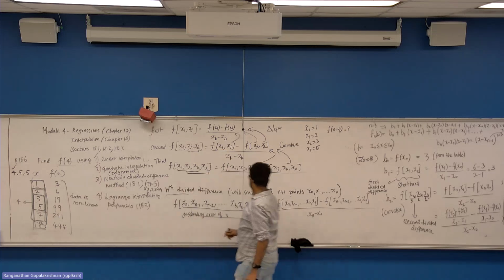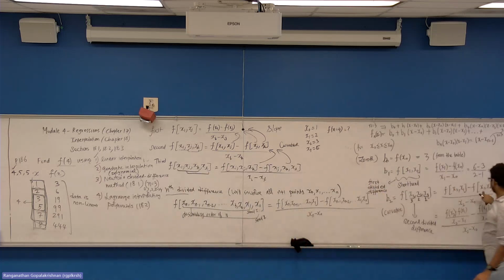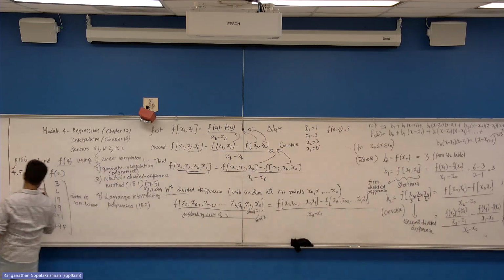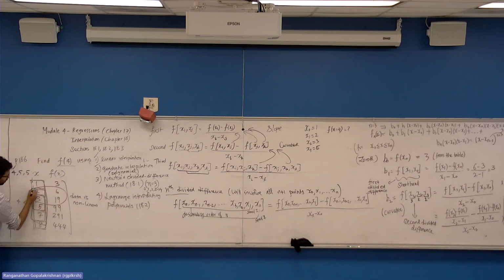And this is the slope between x2 and x1. This is the slope between x1 and x0. What is the slope between x2 and x1?